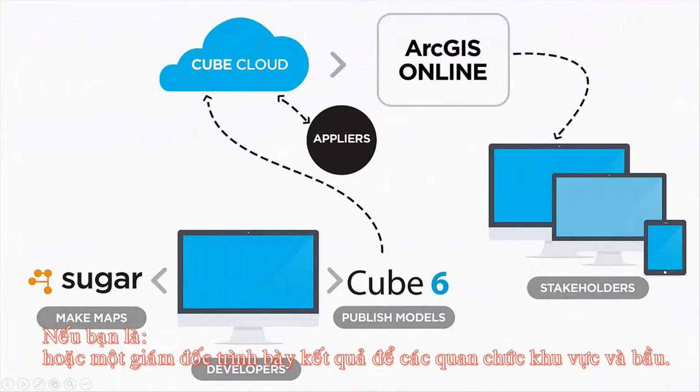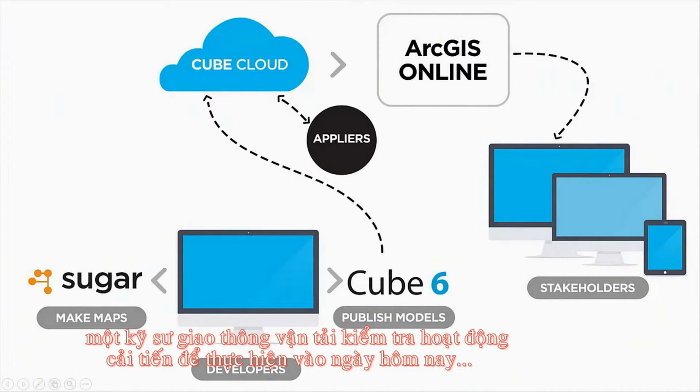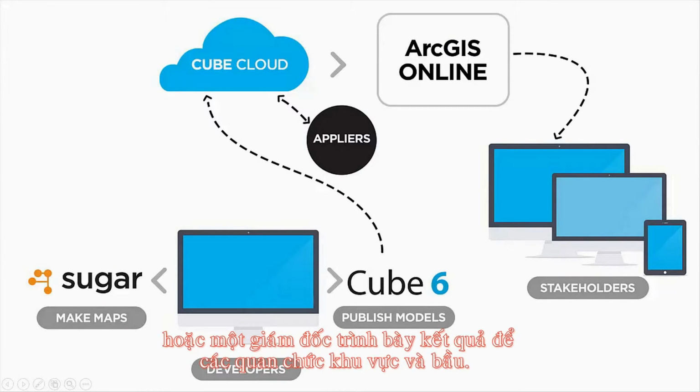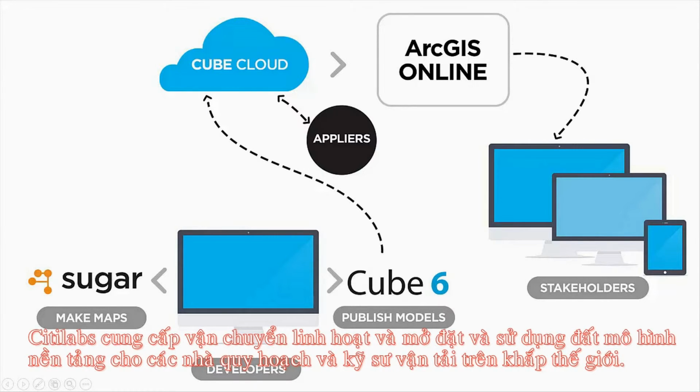If you are a technical modeler who's developing and enhancing your model, a transportation engineer testing operational improvements to implement today, a planner developing scenarios to meet your community's vision for the future, or a director presenting results to the public and elected officials, Citilabs provides the most flexible and open transportation and land use modeling platform for planners and transportation engineers around the globe.